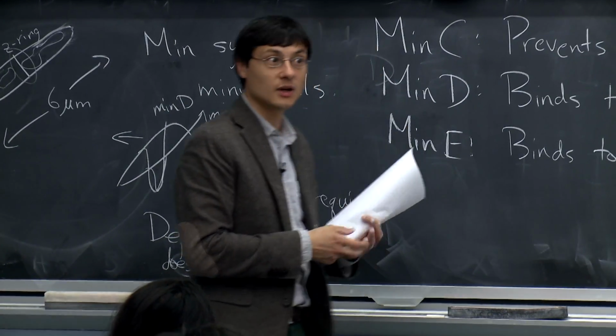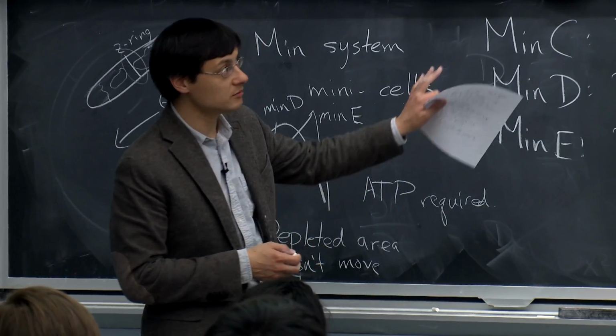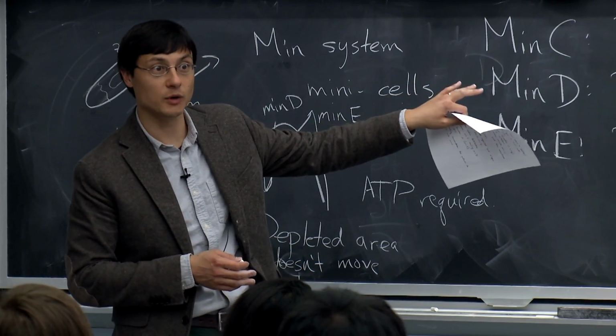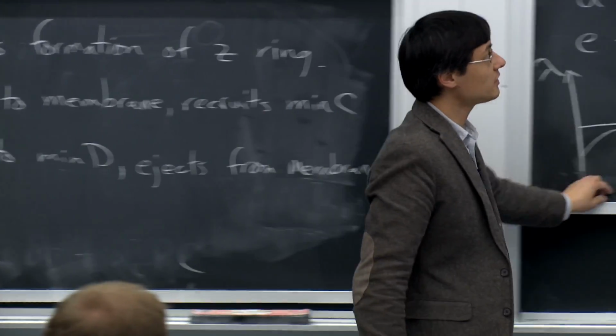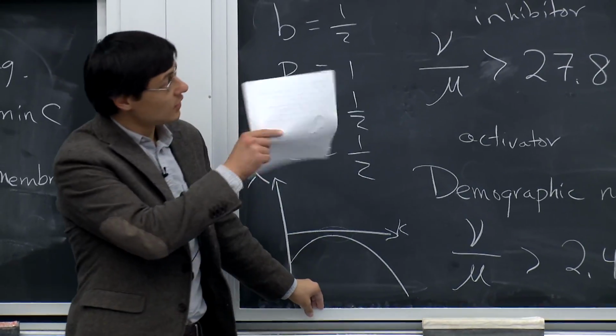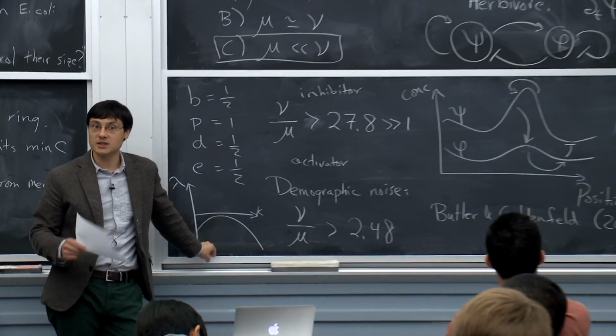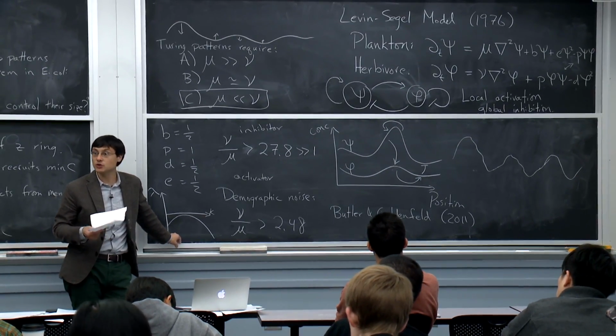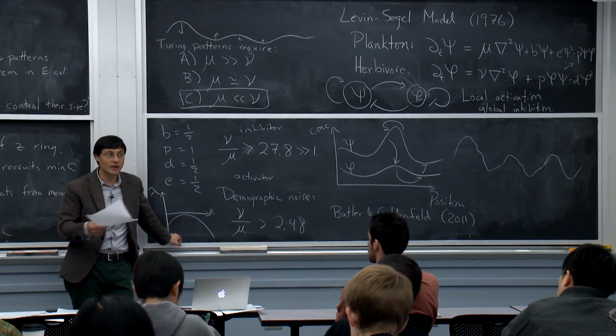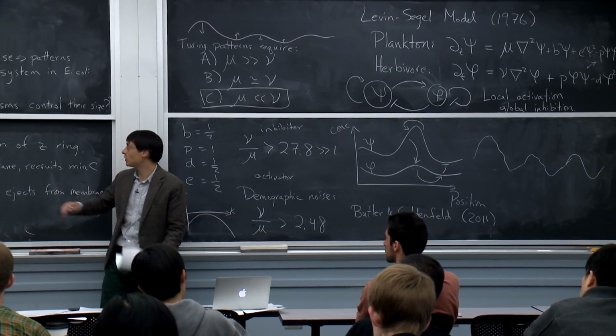Indeed, there's no mechanism in these models for directed motion. In all these models, the only thing that is a function of position is the diffusion terms. So it's all random diffusion, but then you get global motion.